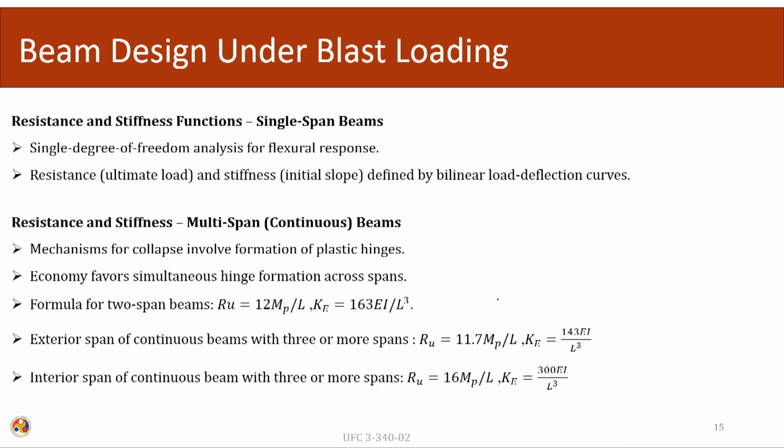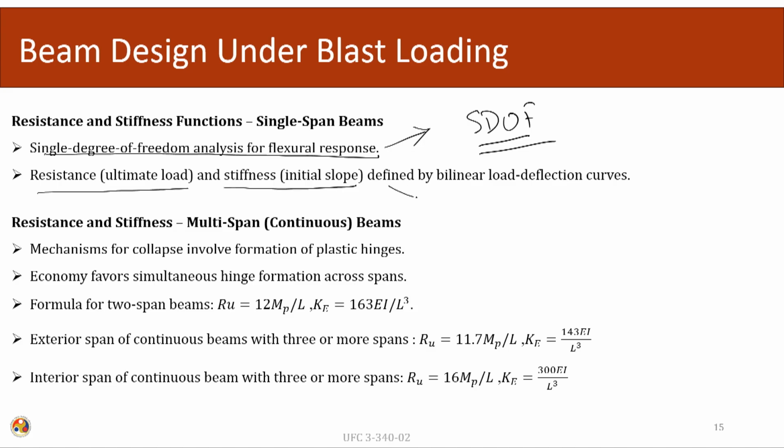Moving ahead, the resistance and stiffness functions. For single span beams, we use a single degree of freedom analysis for the flexure response, as we have seen earlier in the examples. For resistance, we calculate the resistance at the ultimate load, and the stiffness is calculated by the initial slope.